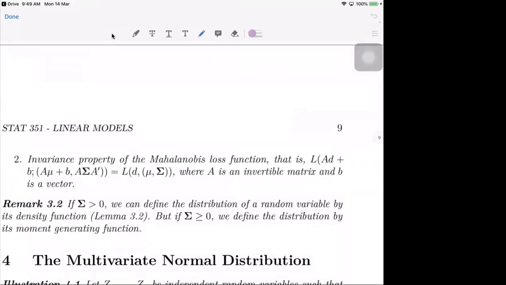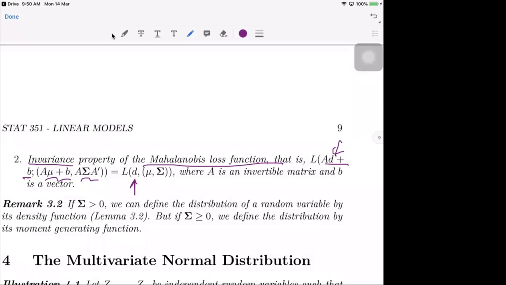Next, because of its invariance property. For the Mahalanobis loss function, even if you do some transformation on your estimator, the loss function is just equal to that of the original estimator.